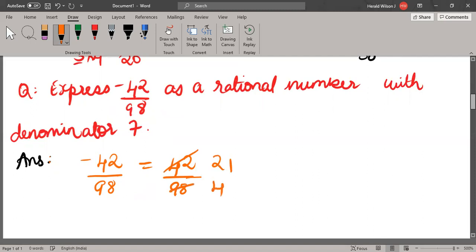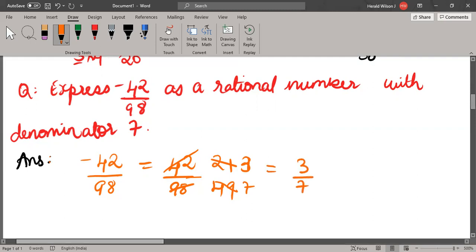Here, this will be 49. Next, which table can we use to simplify this? 3 we can't use. 7 we can use, no? 7 3s are 21. So, we will write this as 3. Then this one, 7 7s are 49. So can we further simplify this, guys? No, we can't. This will be 3 by 7.